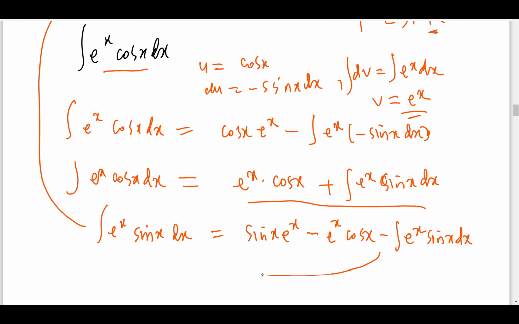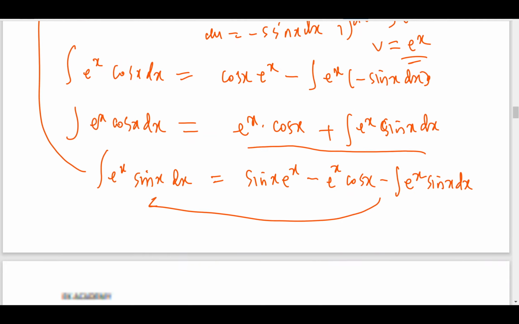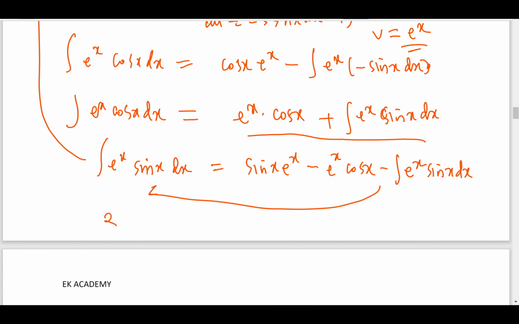So you're going to take this to the other side, because they are equal. It will be 2 times the integral of e^x sine x dx, and you get sine x e^x minus e^x cosine x.